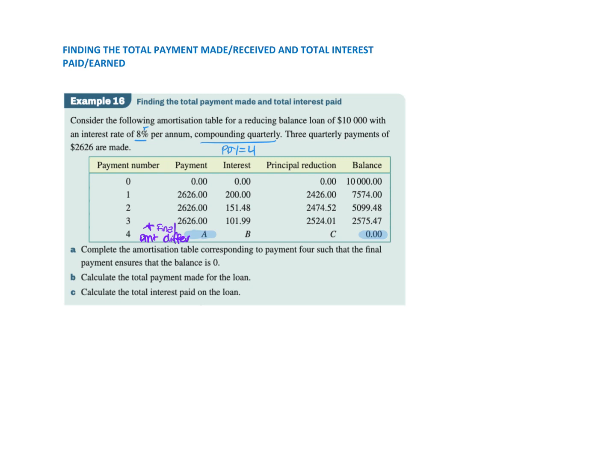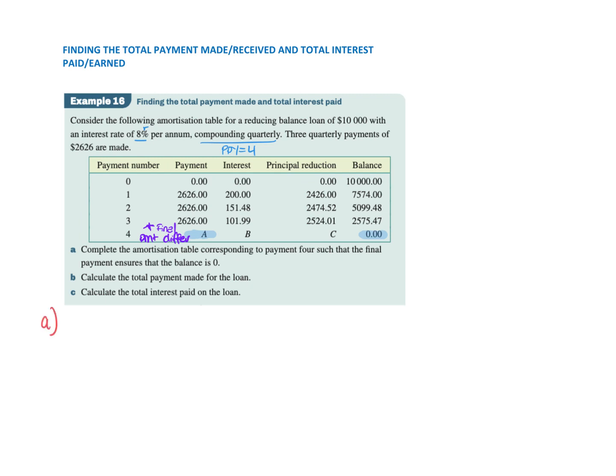All right, so let's have a look at what we need to do. So it says complete the amortisation table corresponding to the payment such that the final payment ensures the balance is 0. All right, so let's write this out.